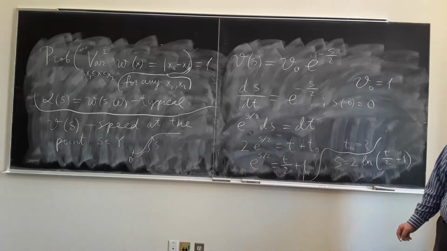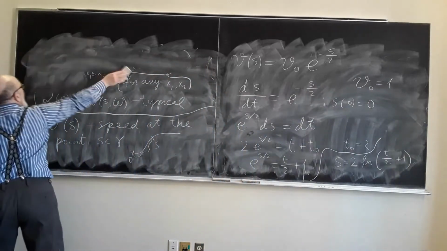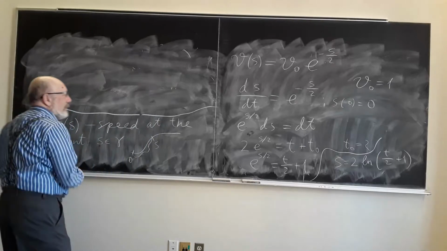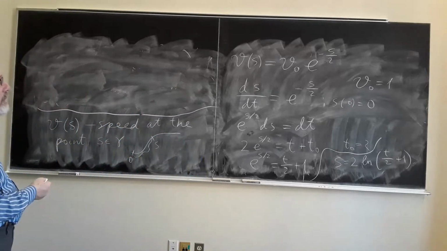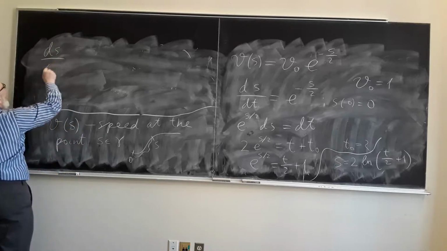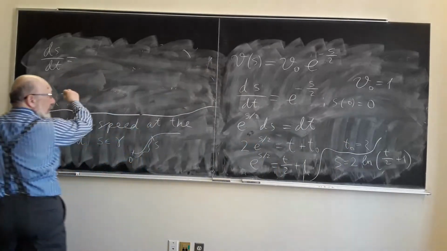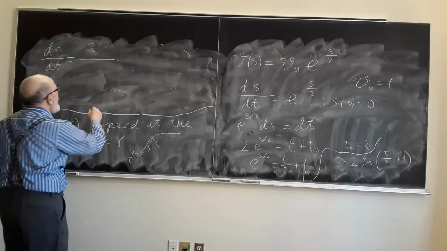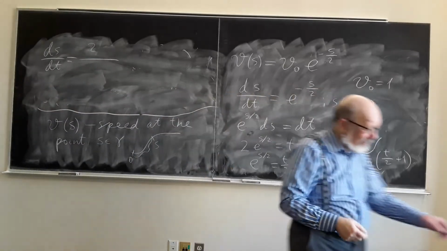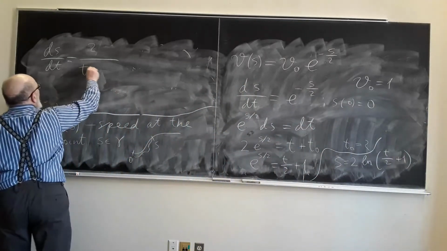And ds dt, so we have to differentiate this, equals 2 divided by t plus 2. Yes, 2 over t plus 2.